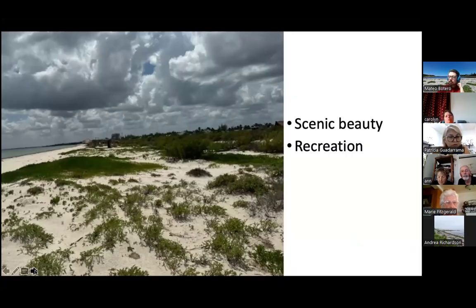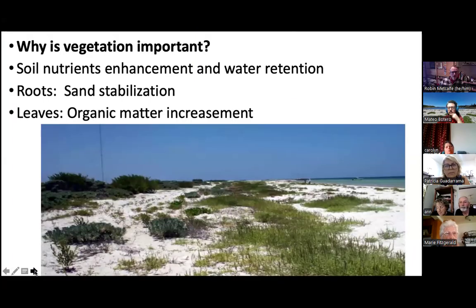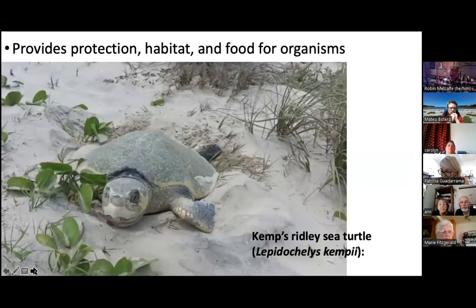Let's move on to another question. Why is vegetation important? Because it enhances soil nutrients and water retention, roots stabilize sand, and leaves increase organic matter. Vegetation provides protection, habitat, and food for organisms.